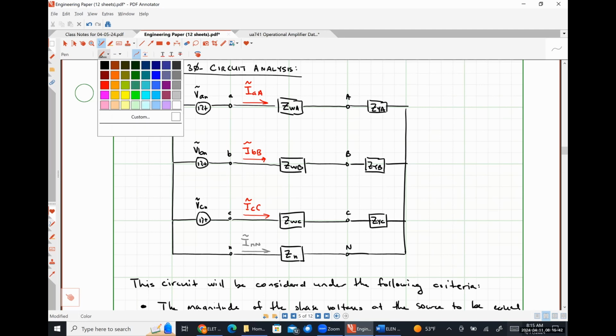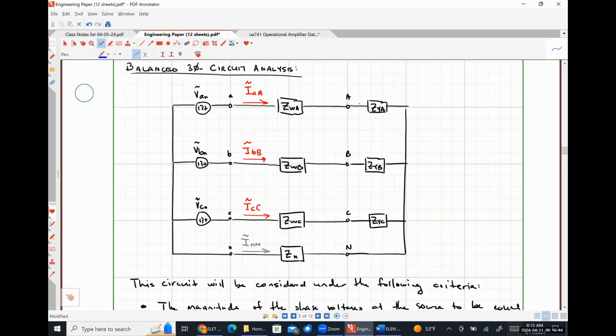So this phase current, I believe I used blue for this. This phase current IAN is literally the exact same thing as IAA. This phase current IBN is the same thing as IBB.